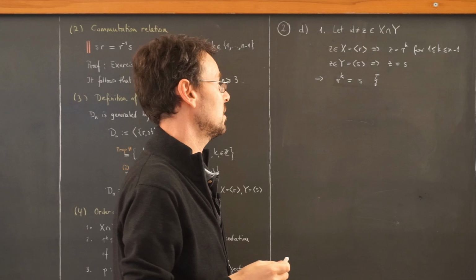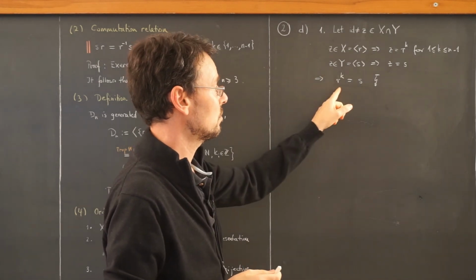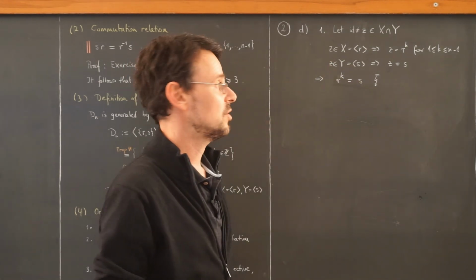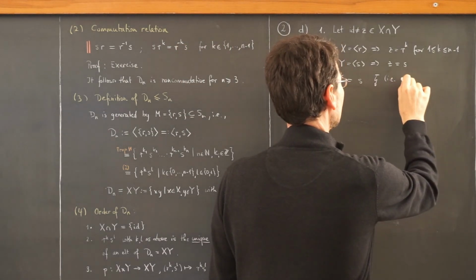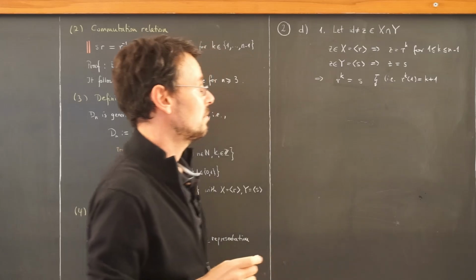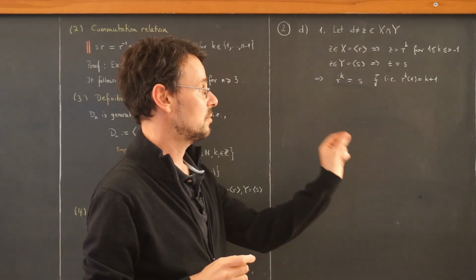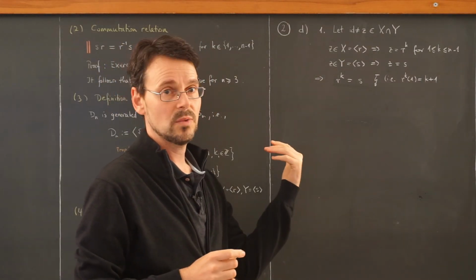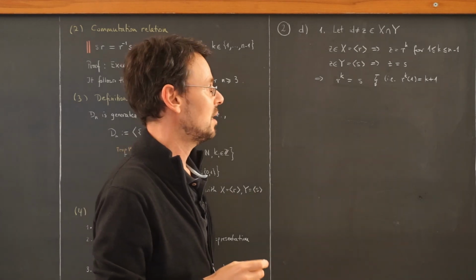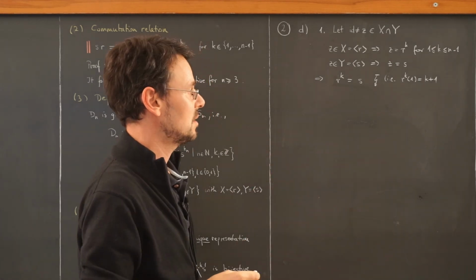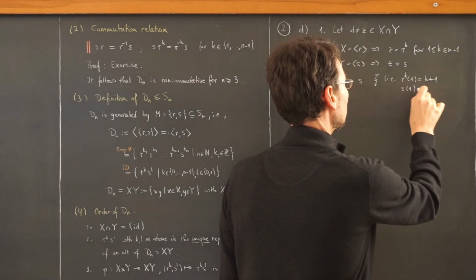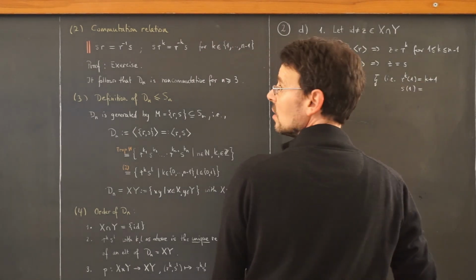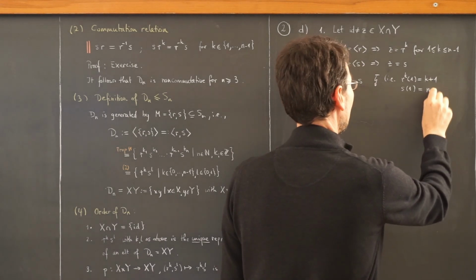This, of course, is a contradiction, because this here is a rotation and this is a reflection, and they are not the same. If this is not enough for you, then observe that R to the K of vertex 1 gives me K plus 1, because I rotate K times 360 degrees divided by n, whereas S of 1 is always n.